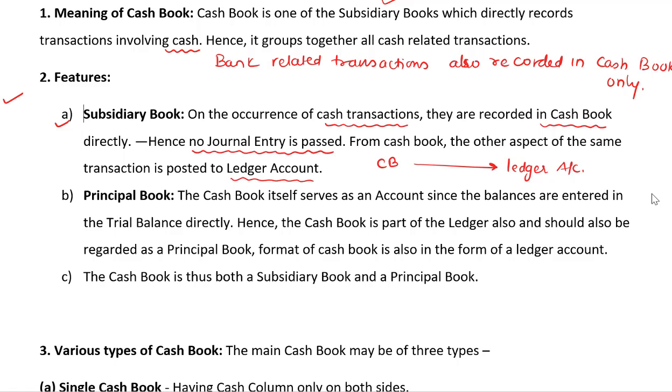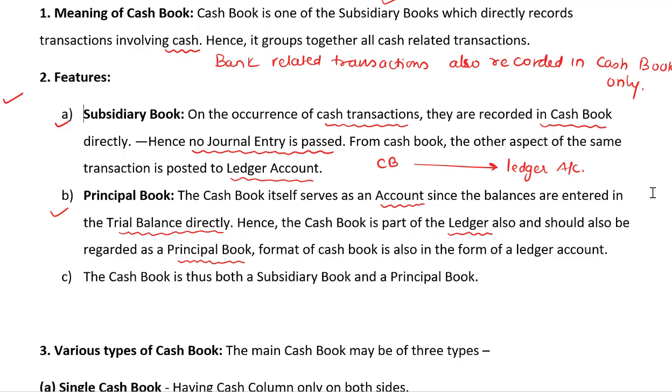Let's move to the second point, and that is it is a principal book. The cash book itself serves as an account, that is cash account as well as bank account, since the balances are entered in the trial balance directly. Hence, the cash book is a part of ledger book and should also be treated as a principal book.